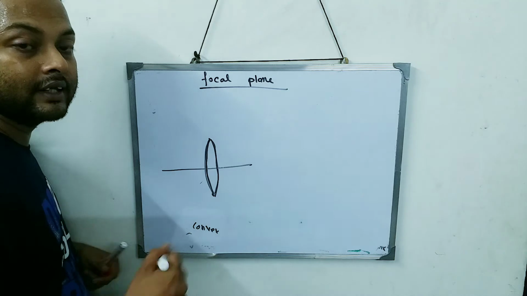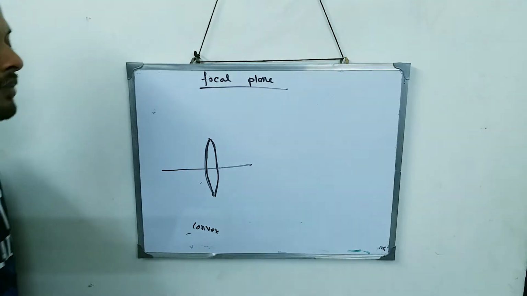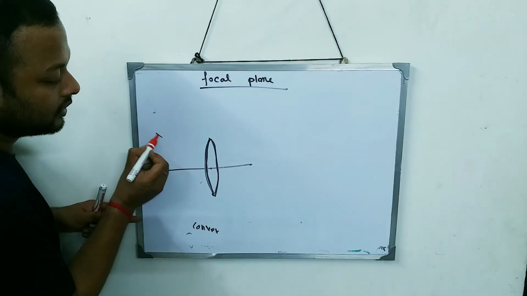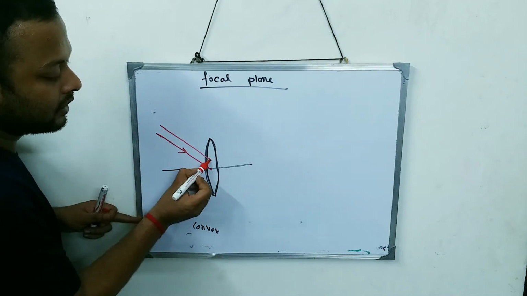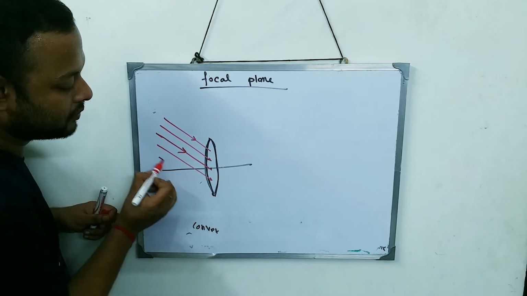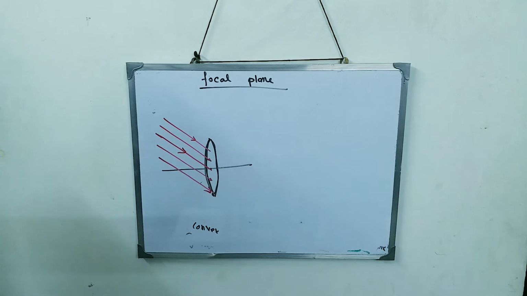But now I will say the rays are not coming parallel to the principal axis. Rather, they are coming slanting to the principal axis. So if I take this as the optical center, the rays are coming slanting towards the principal axis, as you can see. Okay, clear?